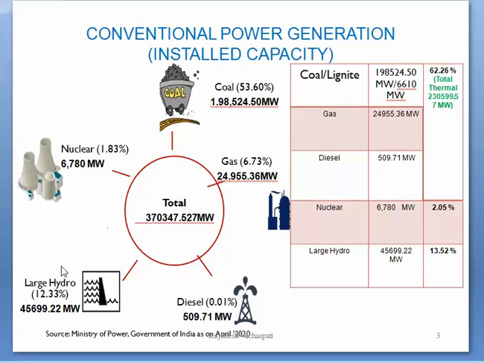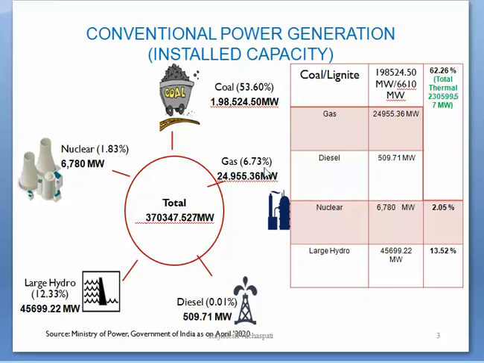Other sources include large hydropower plants, which are part of conventional power generation, contributing nearly 12% of the total power generation or total installed capacity. Then comes nuclear power plants, which contribute only 1.83%.